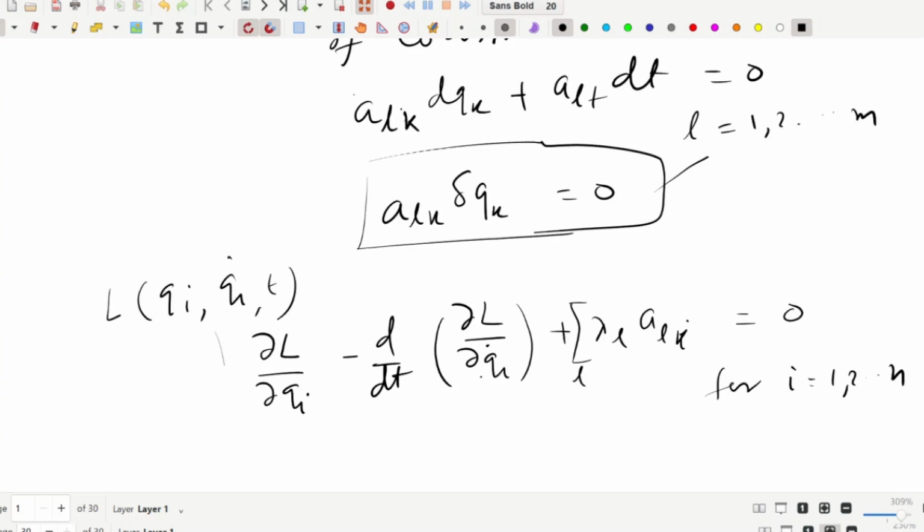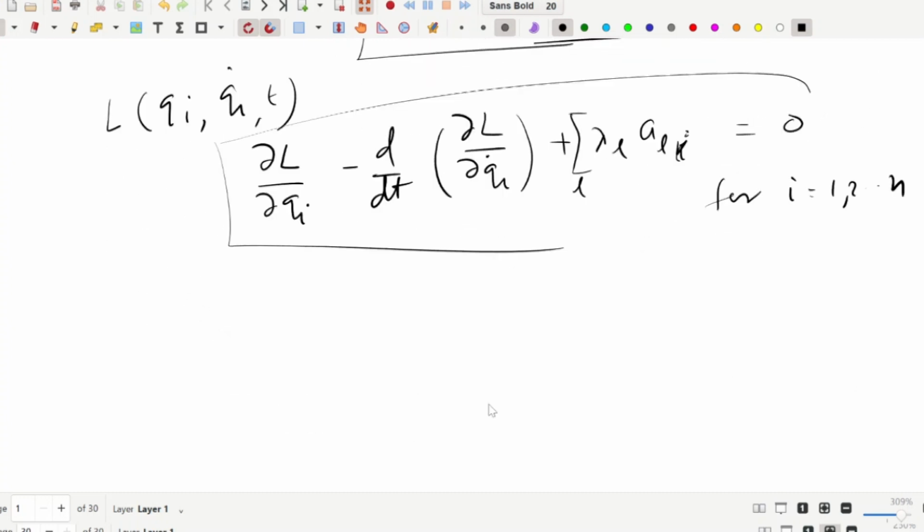This will be the equation of motion. We know all the a_li coefficients from our constraint equation, and then we can write the equation of motion. The lambdas are known as Lagrange multipliers.